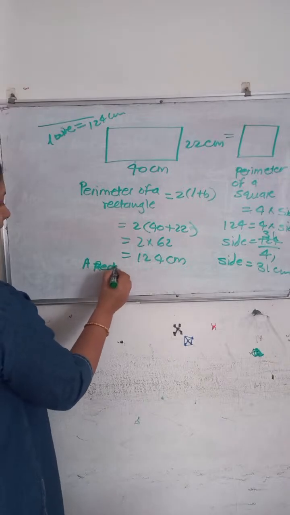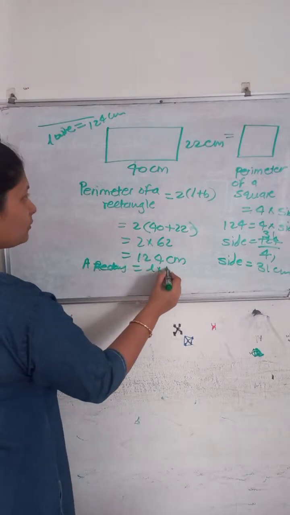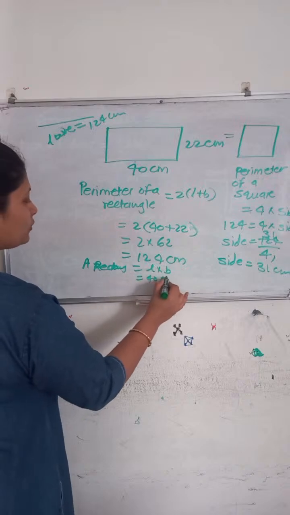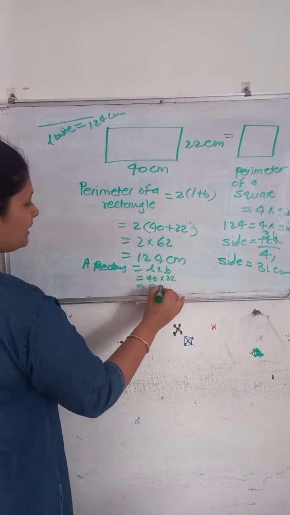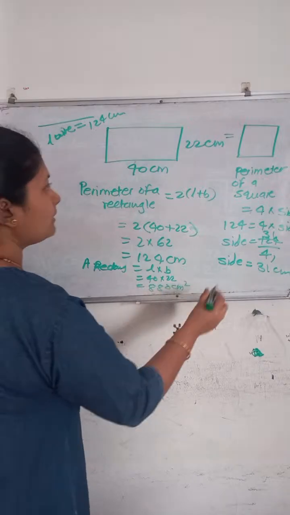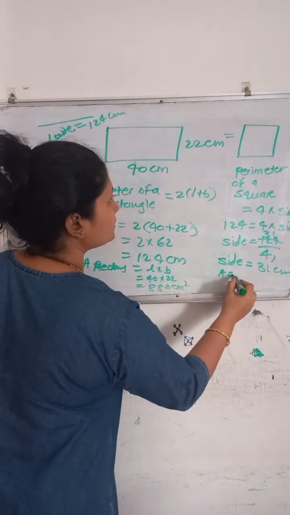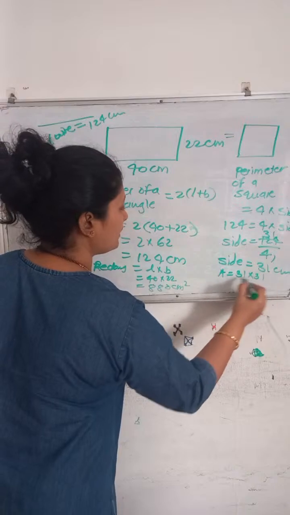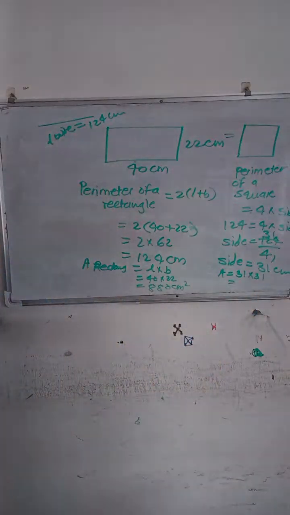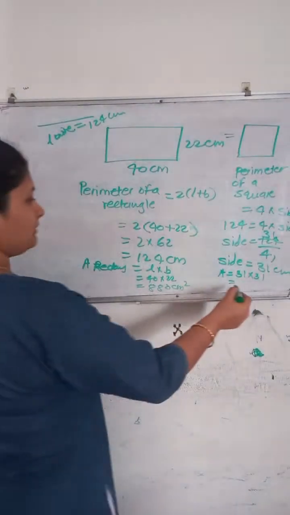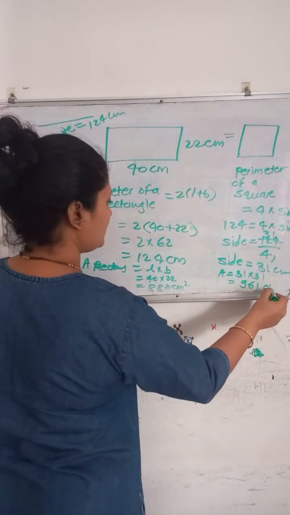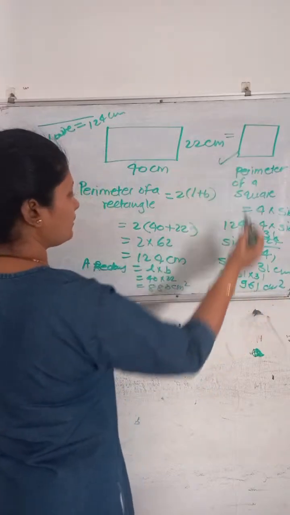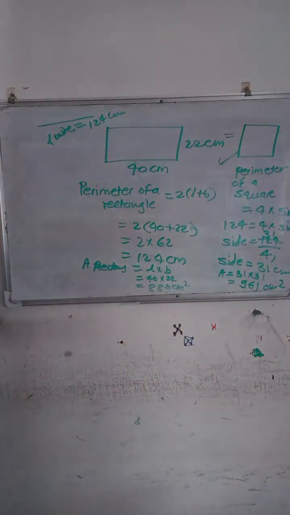Area of a rectangle is length into breadth. So 40 into 22 is 880 centimeter square. And the area of the square is 31 into 31, that is 31 square, which we get as 961 centimeter square. So the square encloses more area than the rectangle.